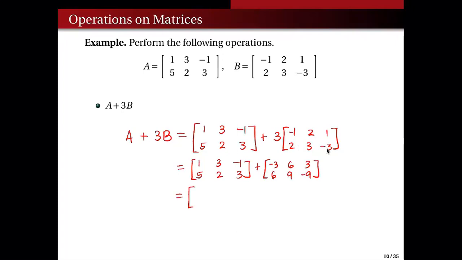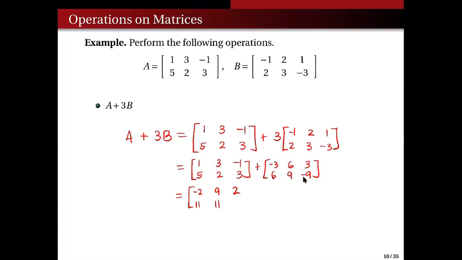And then they just add. Okay? You have 1 plus negative 3. I'll write the answer here. So that's negative 2. 3 plus 6, that's 9. Negative 1 plus 3, that's 2. 5 plus 6, that's 11. 2 plus 9, that's another 11.